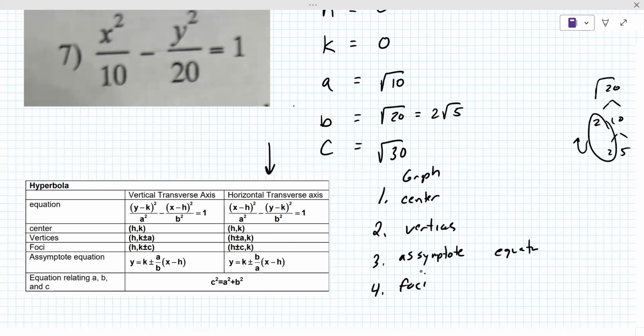It's probably a good idea to approximate what A is and what B is. A is approximately 3, B is approximately 4.5. You can use a calculator if you're really unsure, but for example, the square root of 30 is between the square root of 25, which is 5, and the square root of 36, which is 6. So it's somewhere in the middle.